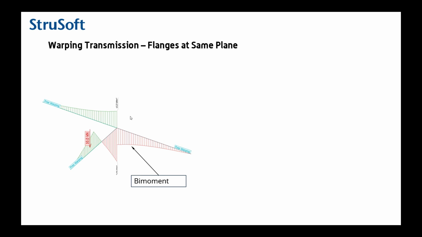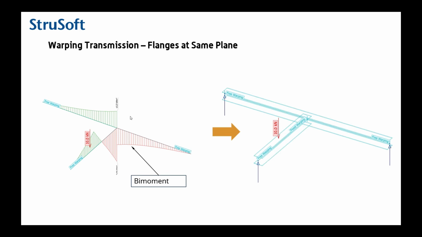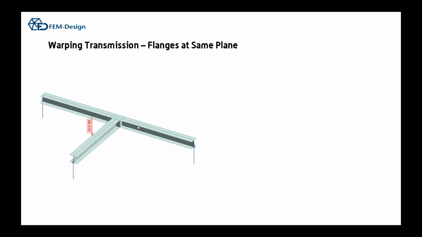And if you sum these bi-moments together, they match perfectly. So this is how you do fixed warping. You just define fixed warping here, and this is probably good enough to describe this kind of system. So if there's a high bending stiffness connecting the flanges together in the plane, then we have a case with a lot of stiffness.